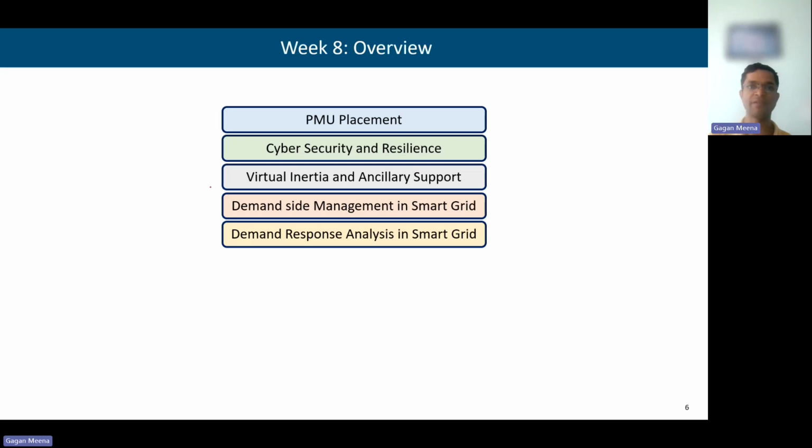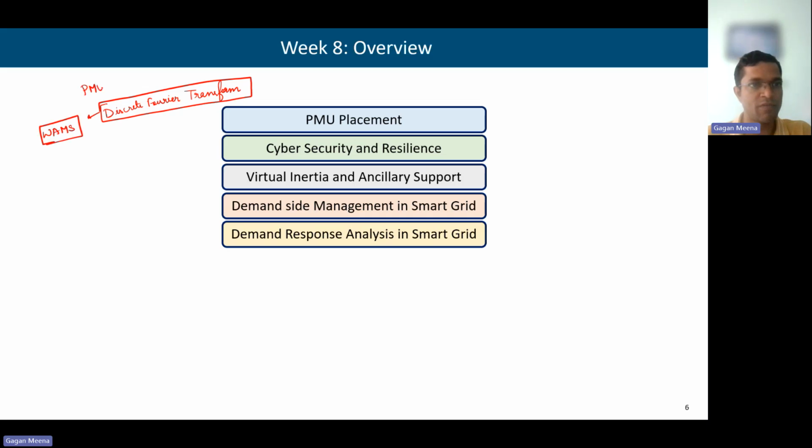In this week 8, we discussed a wide variety of topics. For example, PMU placement, which is related to our previous week where we discussed the discrete Fourier transform. We discussed how using PMU can help us do the wide area monitoring of the entire system.